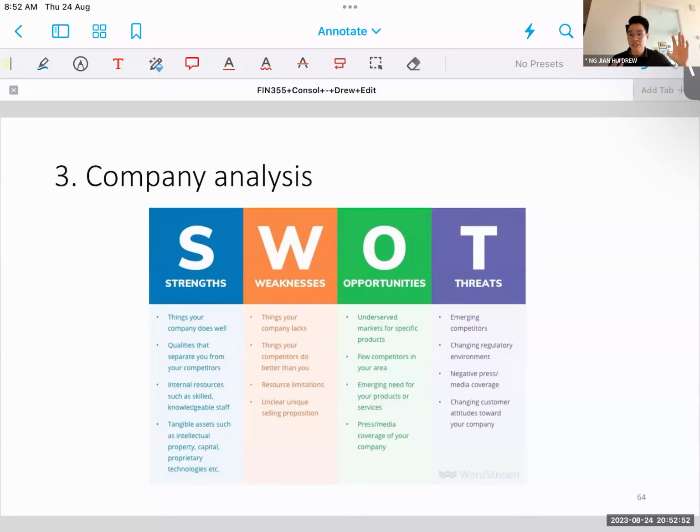And because 5G is a very short spectrum, Singtel will need to build these antennas. And I think Huawei is one of the key suppliers of these antennas. Because of that, Huawei can be considered a supplier, because if they do have monopolistic control over the antennas, then they can charge whatever they want, right? And Singtel will have to pay for it. So that can be a supplier.